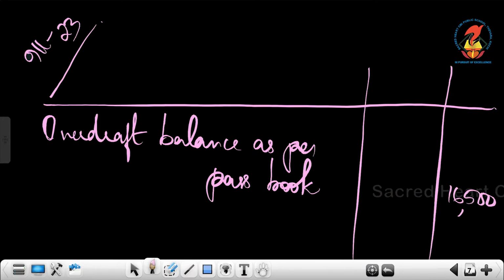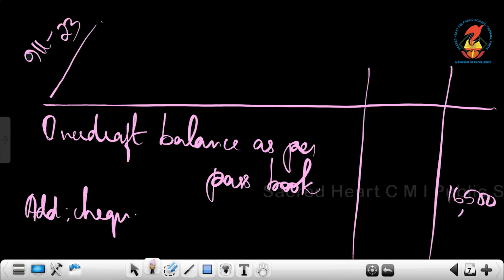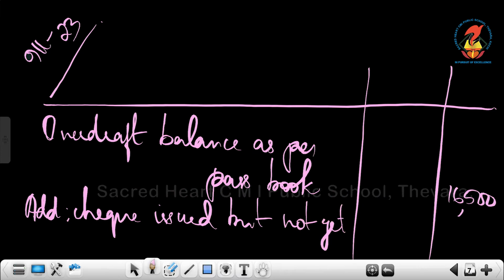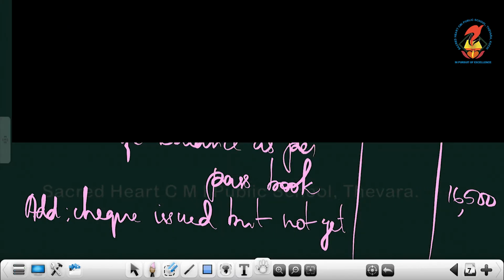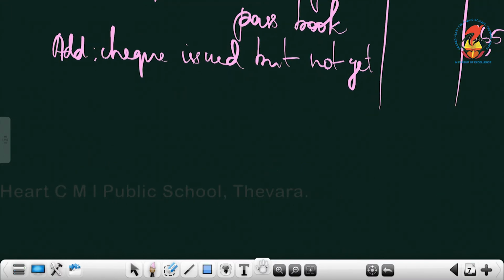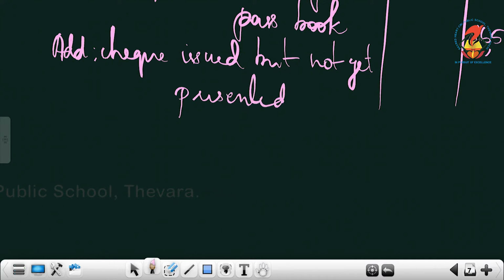Then check issued not yet presented, we have to add. Check issued not yet presented, the amount is 8,750.